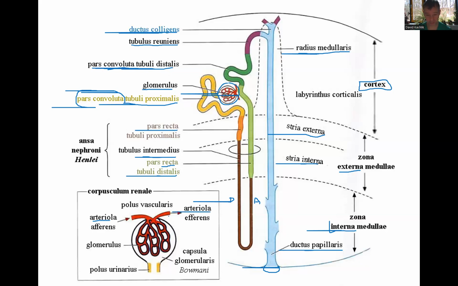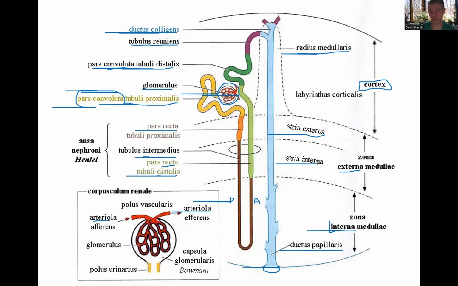Why arteriole? Because we need the muscle layer of this arteriole to control the blood pressure here, and that means the filtration. Because the capillaries, as we will talk about a bit later, serve as a filtrating membrane for the fluid.